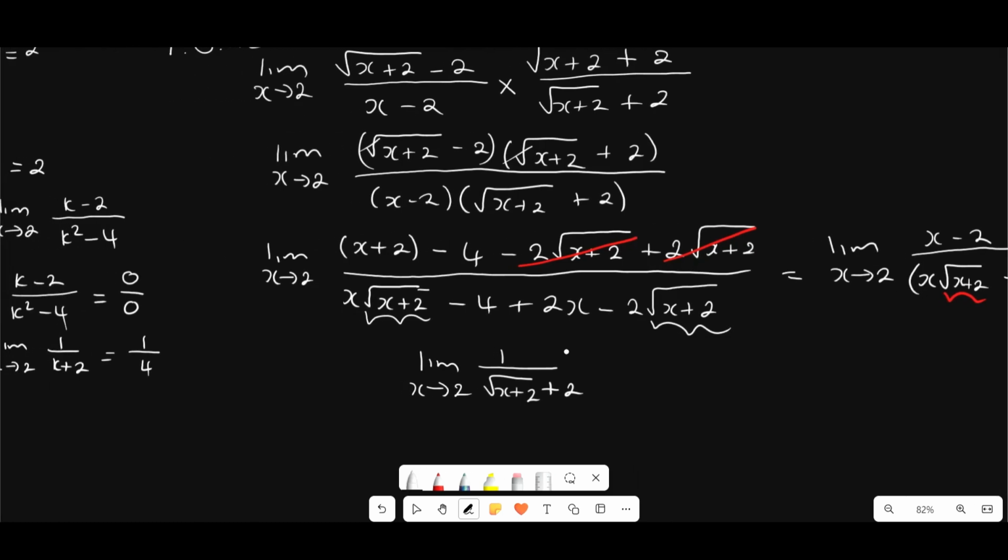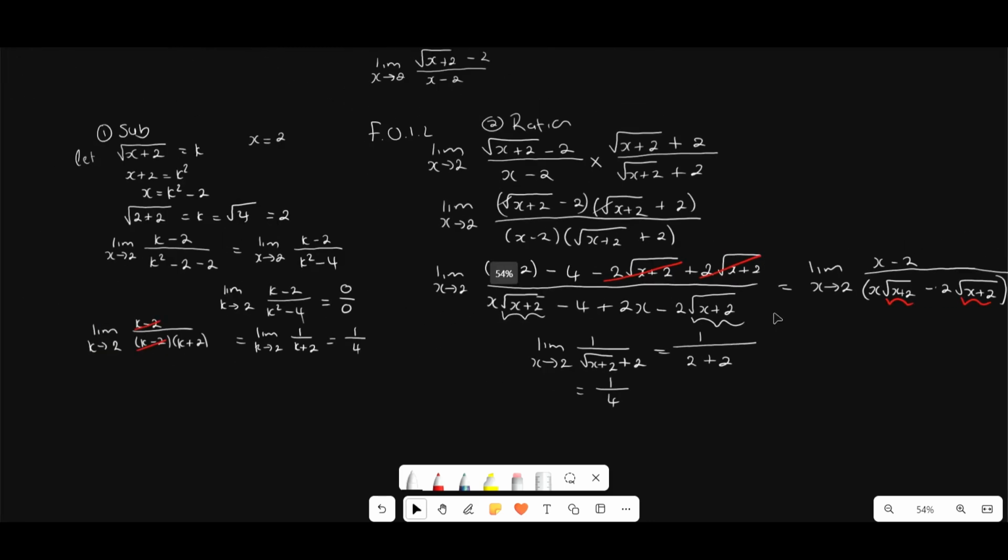And then there I can do the direct substitution. It would be 1 over, if I substitute, 2 plus 2, which is 4, square root of 4 is 2. Then 2 plus 2, that's 1 over 4. So I can see that this one here is the same as that one there.